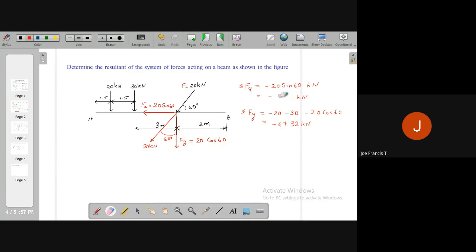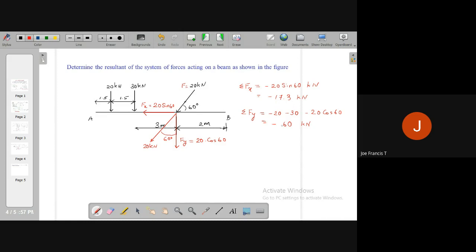So how much did you get here? 10√3. What is the value of 10√3? 17.3. Fine, correct. And Fy? So this is half, so it is 60. Okay, right.